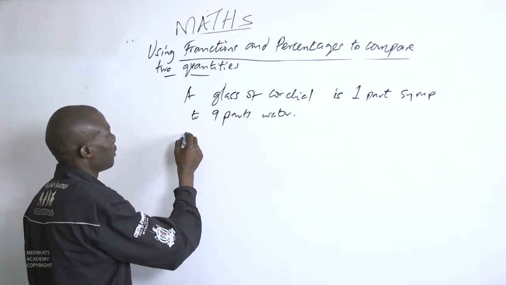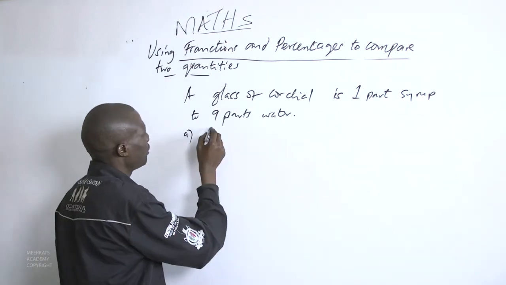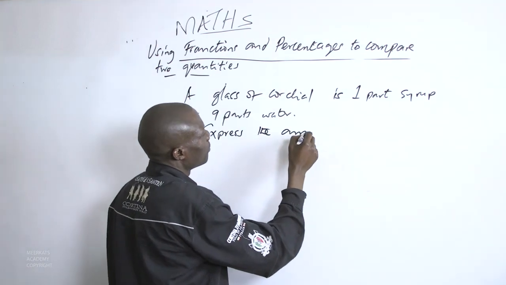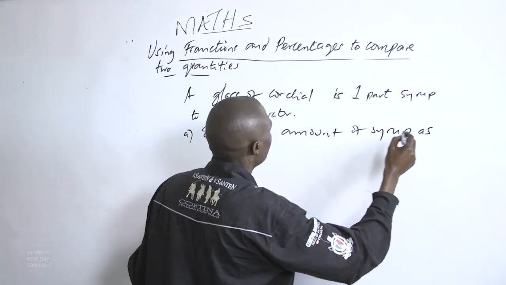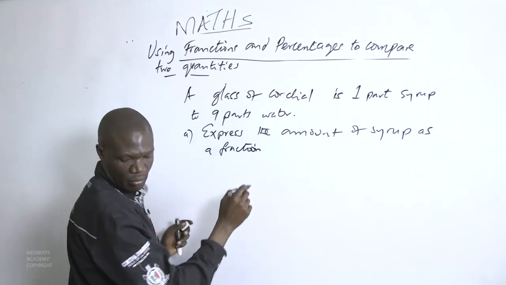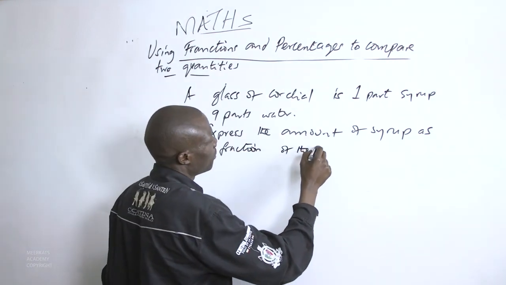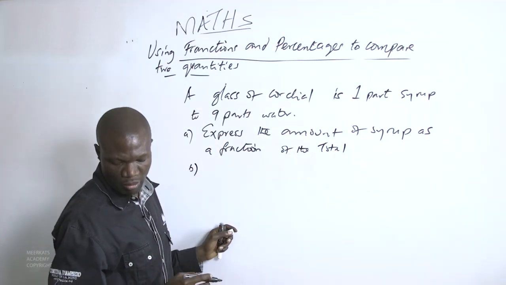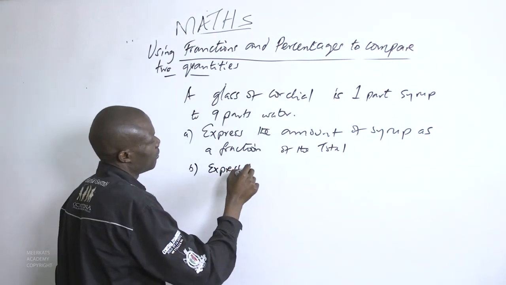Then A, express the amount of syrup as a fraction of the total. And B, express the amount of water as a percentage.